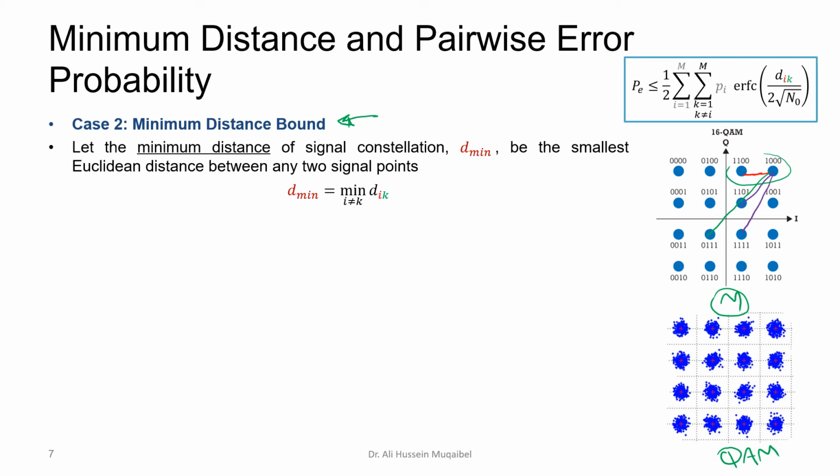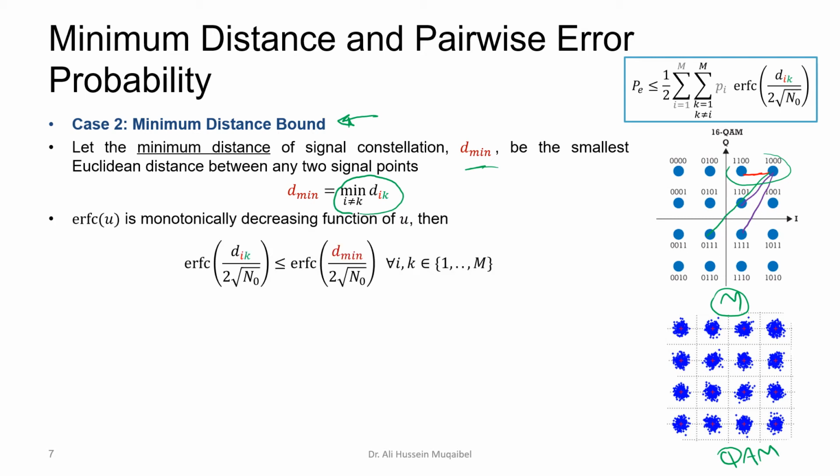Instead of finding all the distances, we will assume the minimum distance of the signal, d min, is the smallest Euclidean distance. So d min is the minimum of all possible d_ik where i does not equal k, of course, because if you compare a point to itself, you'll get a zero distance. If you want to go with the minimum distance bound, instead of summing for all possibilities, you know that the error function is a decreasing function.